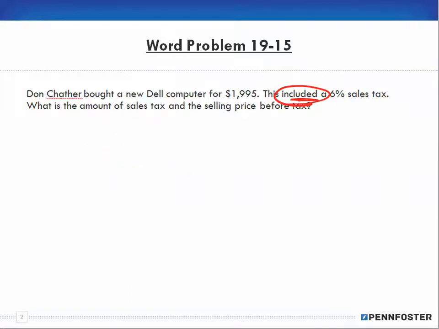Like I said, it's relatively simple, but reading the problem and understanding what's being asked is what's important here, because we all know how to do tax. Everybody pays tax, so you should understand how it's calculated. So how did we do this? Remember, it was our total sales of $19.95 over 1 plus the sales tax percent, which is 6%.